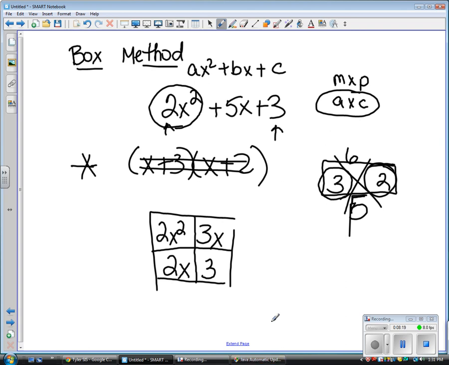I'm going to put my variable back with it for right now. So basically, if I was writing this out long ways, that would look like 2x squared plus 3x plus 2x plus 3. But I'm putting it in my box.